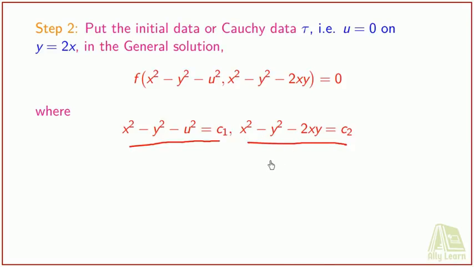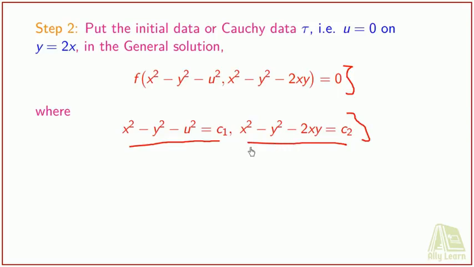So friends, as I told you earlier, putting the Cauchy data in this expression can make calculations tougher. So we will put the Cauchy data in these two expressions and we will get a relation between c1 and c2, and the same relation will connect x square minus y square minus u square and x square minus y square minus 2xy, that is my phi and psi.